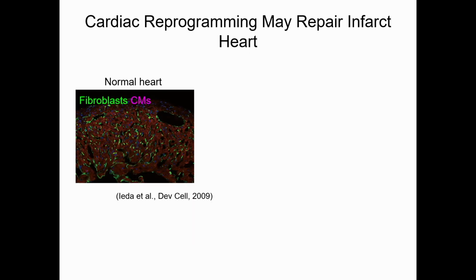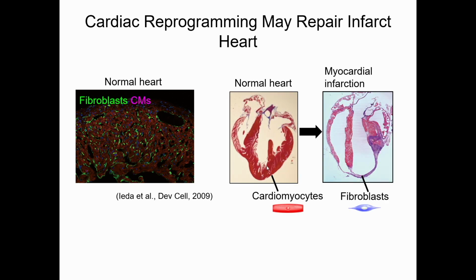So I'm working on cardiac reprogramming. I'll explain briefly. Here is a normal heart, and there are many cardiac myocytes showing red, and many fibroblasts showing green. After MI, myocardial infarction, or cardiac injury, cardiomyocytes cannot regenerate, and resident cardiac fibroblasts proliferate and synthesize many extracellular matrix to make a scar in the heart.